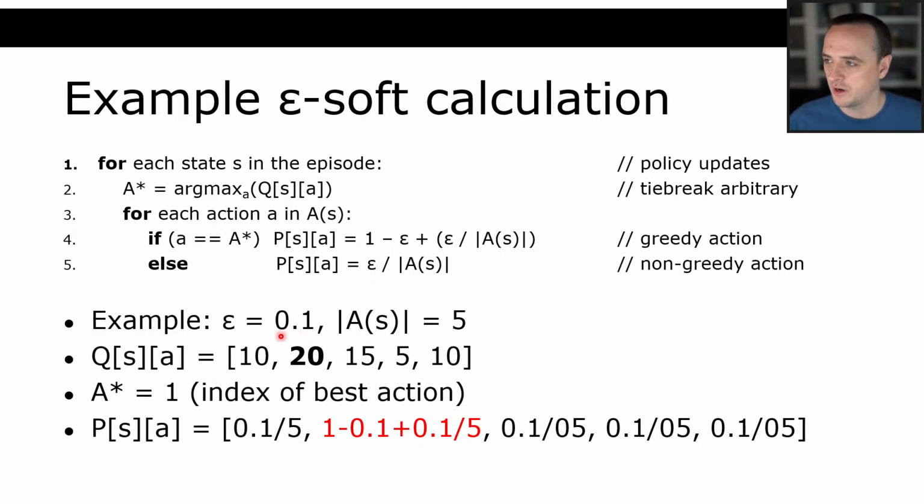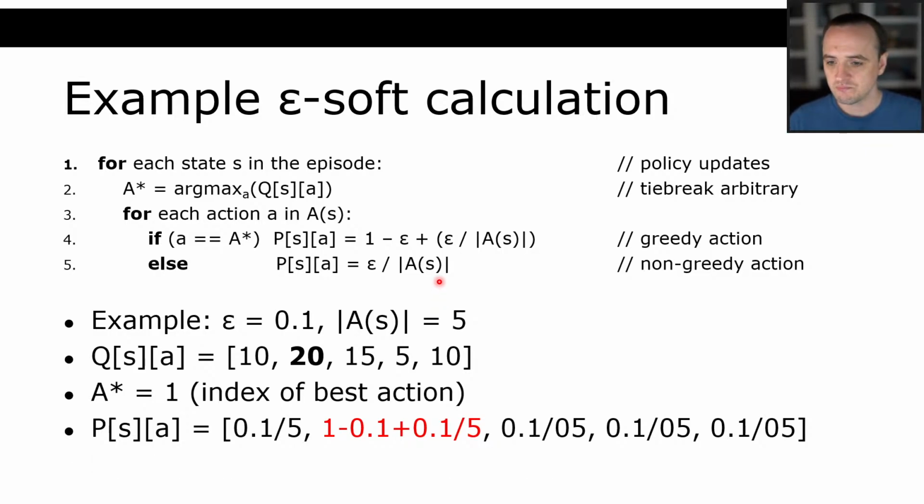So 0.1 is epsilon, 5 is the number of actions. So for all of my non-greedy actions, so 0, 2, 3, and 4, I'm going to have 0.1, which is epsilon, divided by 5, right? If I have a 10% chance to choose a random action and I have 5 actions, that means each of my actions has a 2% chance of being chosen. That's pretty obvious.